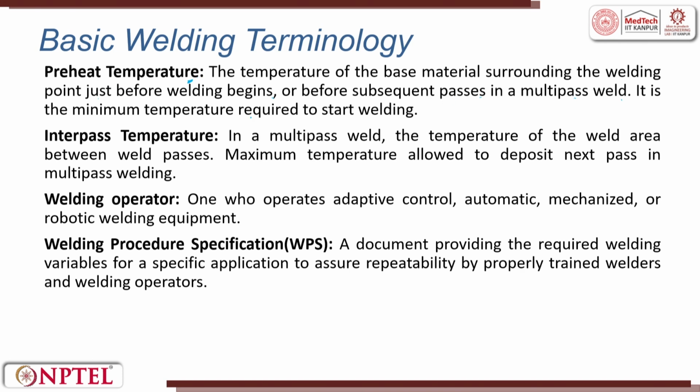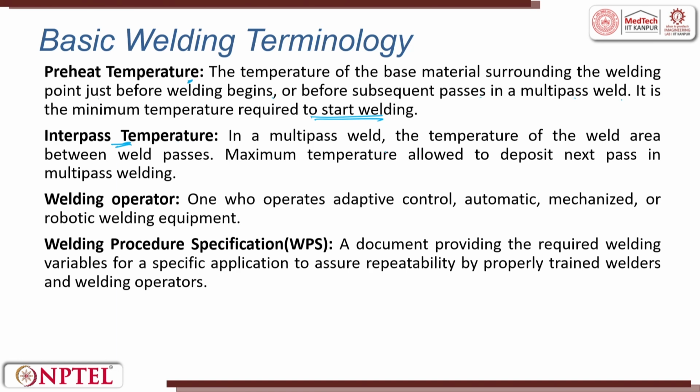It is the minimum temperature required to start welding. So, you can start with preheating and then do welding, or between one pass and the other pass you can do it too. Why? Because when we do one pass and then the other pass, there will not be a drastic solidification with liquid present, which would again create a crack. So, interpass temperature is also controlled.